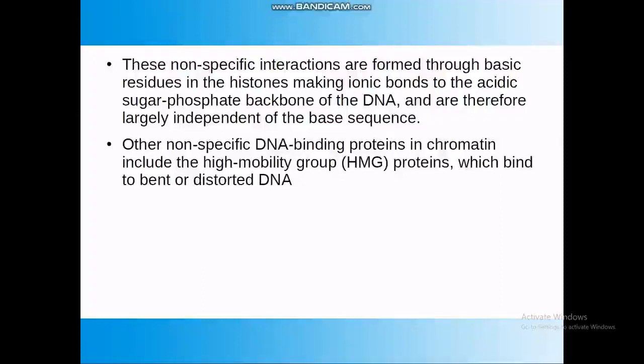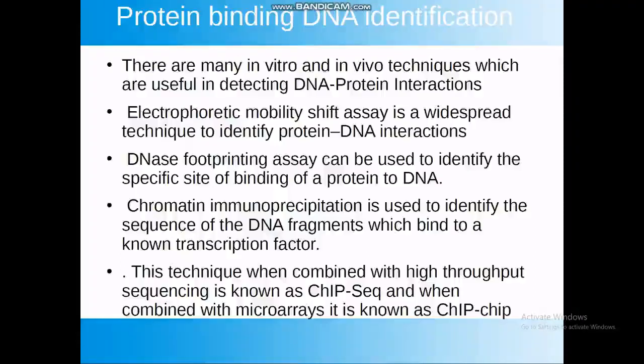Coming to DNA binding protein identification, there are many in vitro and in vivo techniques which are useful in detecting the DNA protein interactions. Some of the methods are the electrophoretic mobility shift assay, a widespread technique to identify protein DNA interactions.